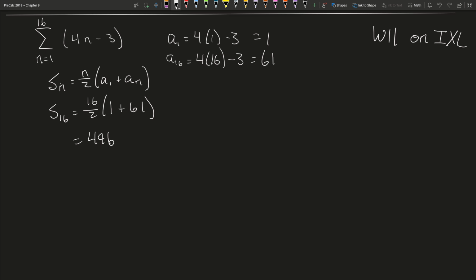Okay, now the number n will always equal the difference of the upper limit and the lower limit. Including that, so this should just be equal to 16.